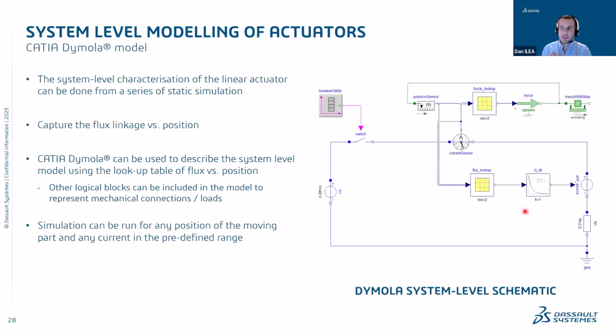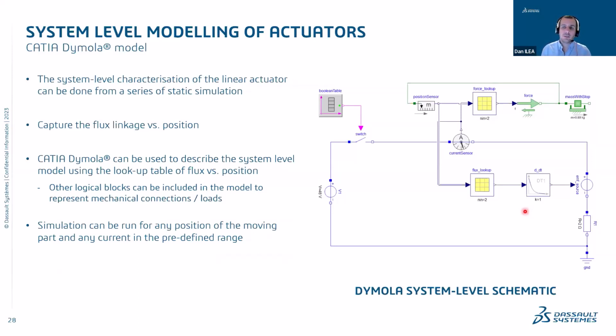So the first thing is to perform a characterization from a series of static analyses of our actuator, from which we can then extract the reduced order model, which in this case is a map of the flux linkage of our actuator versus the position, so for different positions.